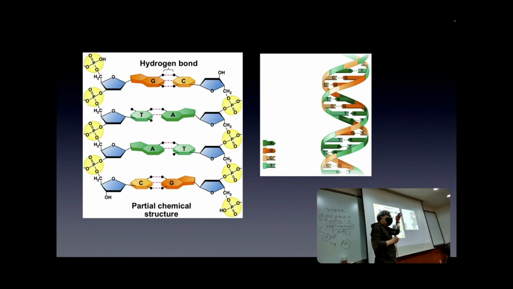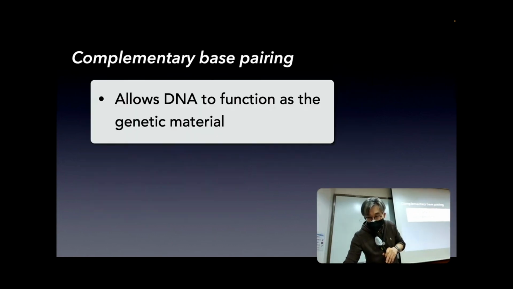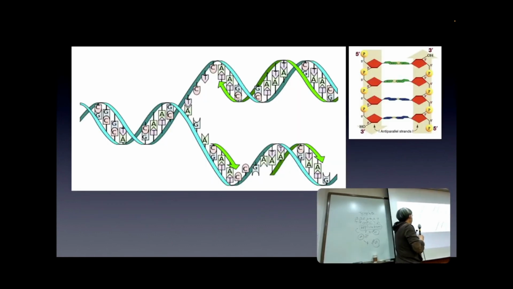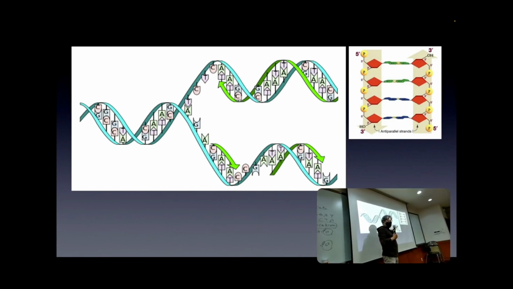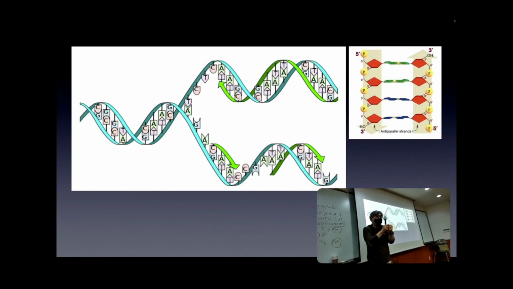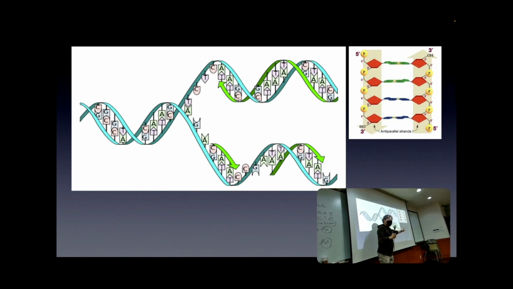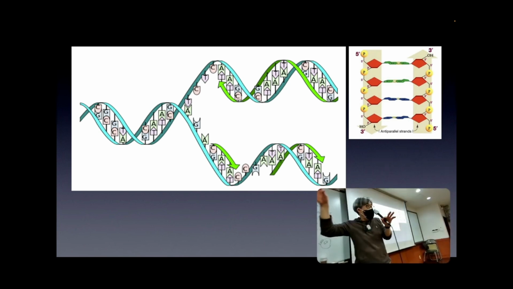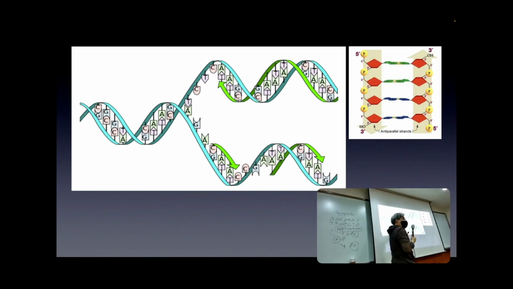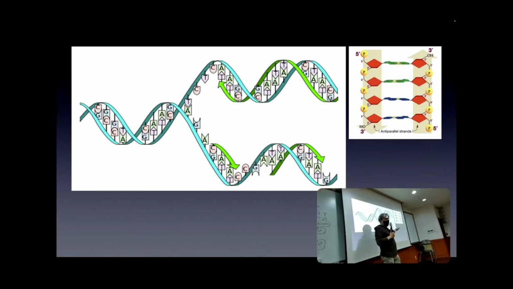And each of them has a unique complementary base pairing. So when they get ready for new copying, during the DNA replication, all they have to do is split up the existing two strands. And for each existing strand, new nucleotides will be added on automatically according to this complementarity.